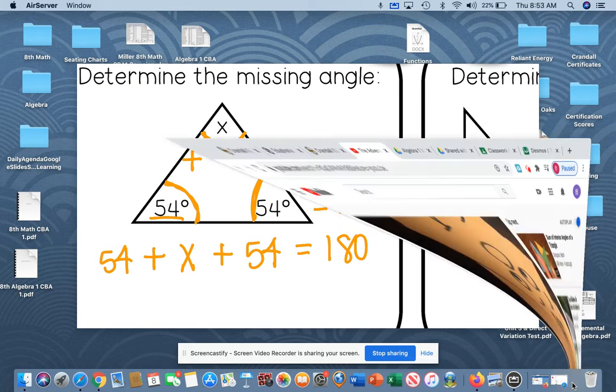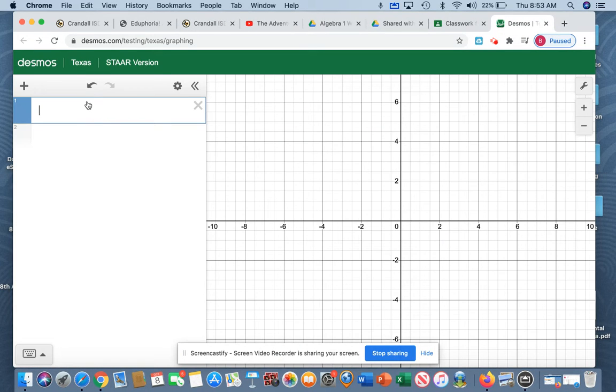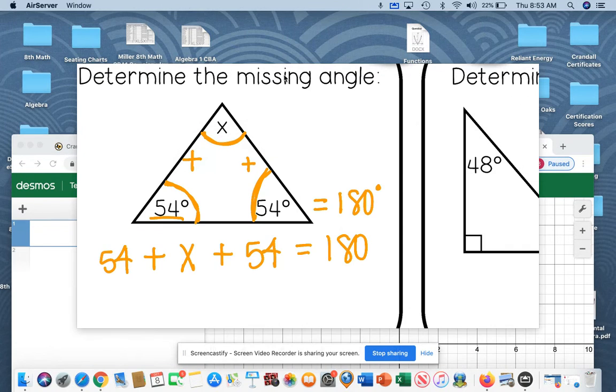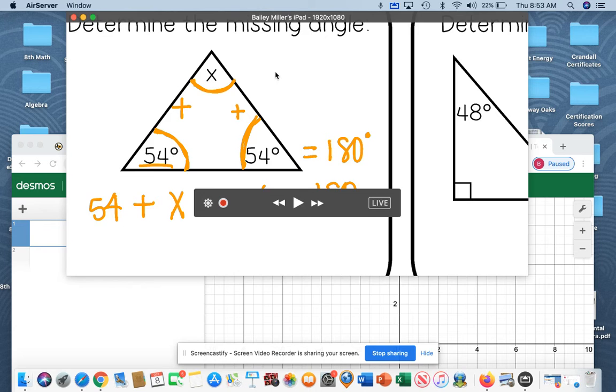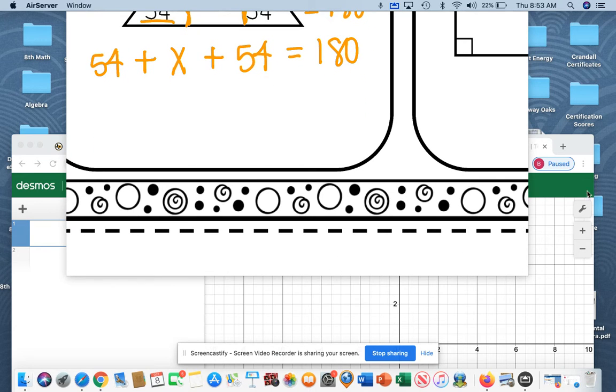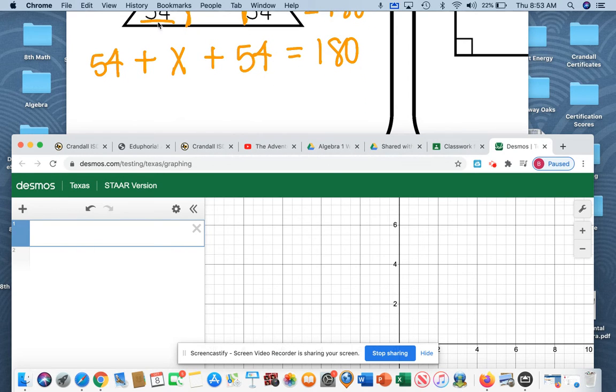So I'm going to go to Desmos here, and I'm going to plug in y equals my left side. So I'm just looking at this side here. So I have y equals 54 plus x plus 54. Enter.